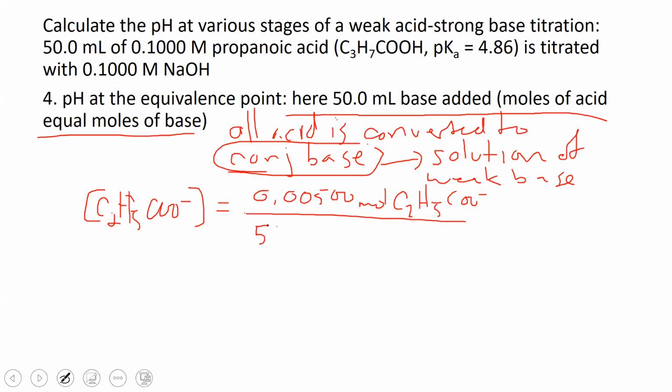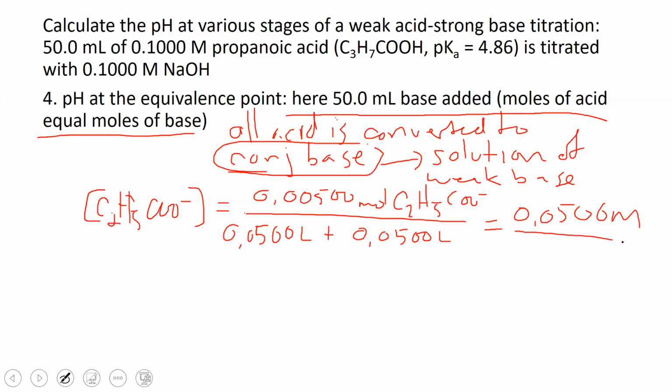Our new volume is the initial 50 milliliters, or 0.0500 liters, plus the added 0.0500 liters. And so we wind up with a concentration of the propanoate of 0.0500 molar. Okay, and that's going to be our initial concentration for our icebox as we go through this reaction. So I'll start setting up the icebox on the next page.